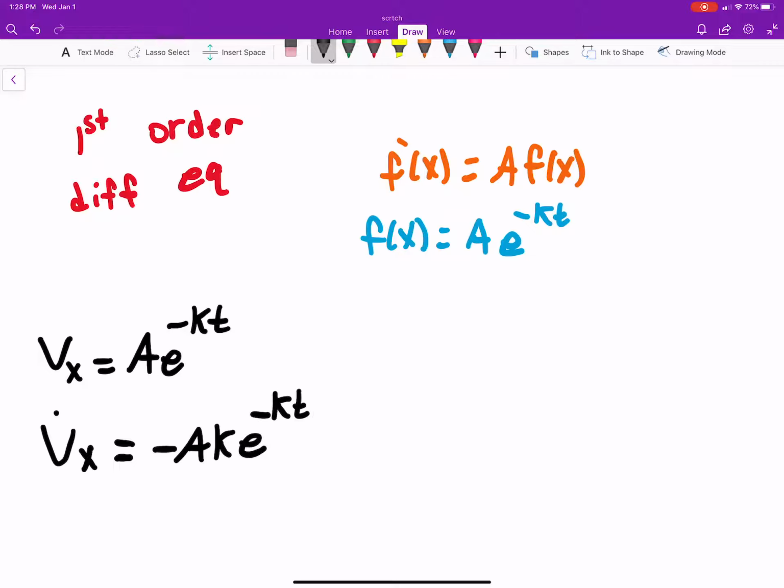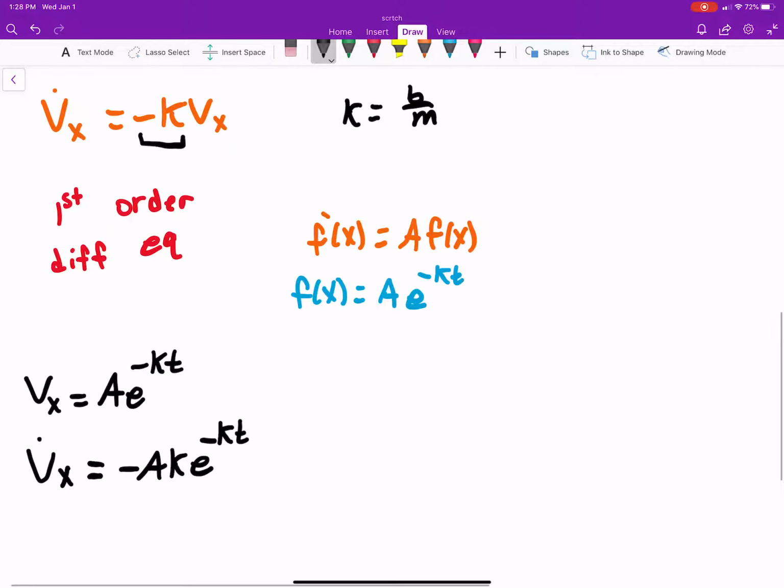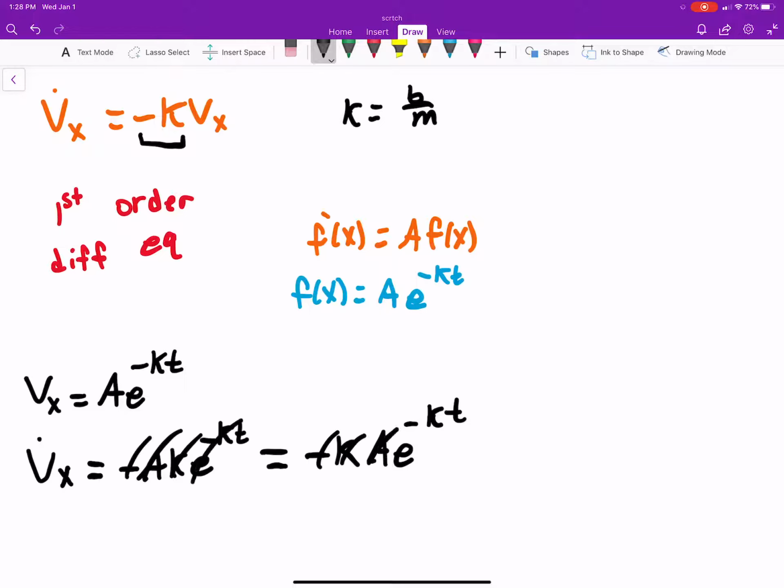So maybe review that. And if we look at our equation, we're saying v dot of x is equal to minus k times v of x, which we said was just a e to the minus kt. Well, these are equal. This is a true statement. The a's, all this stuff cancels.